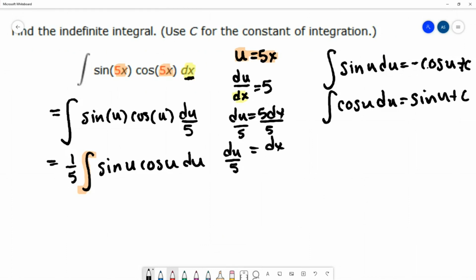But the function that we're trying to find the antiderivative of is sine of u times cosine u. And that's not what either of these rules state. It's just sine on its own, cosine on its own. So although the substitution that we've made here is correct, it didn't help us in finding the correct antiderivative rule to use. So let's try a different substitution.